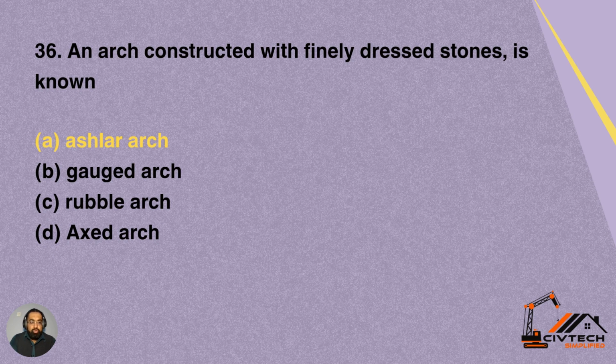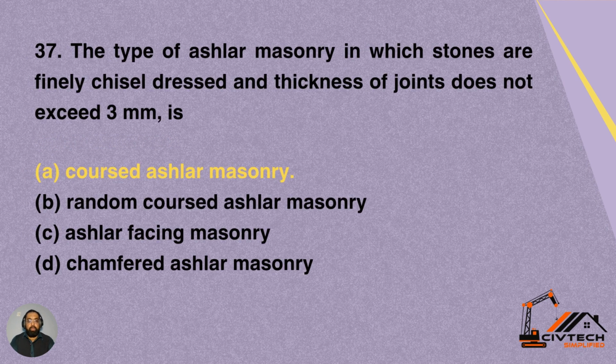You must have seen several structures with such type of beautiful construction. So option available with us was A. Ashlar arch, B. gauged arch, C. rubble arch, D. axed arch. So it's an ashlar masonry. So ashlar arch is the answer. A is correct for this question.